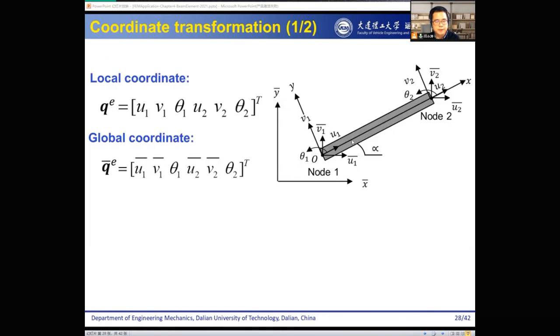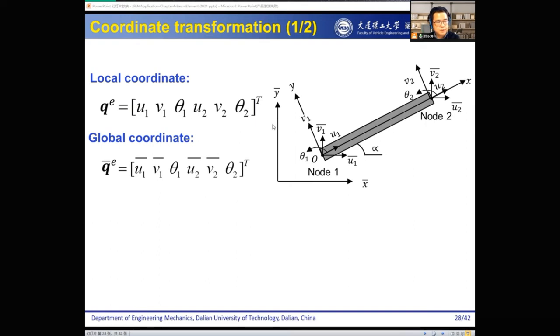So you have an inclined beam, and the angle between the axis of the beam and the x direction will be an angle alpha. In this case, we have to do the coordinate transformation in order to solve the corresponding variables, or in order to consider different beams, and that's why we have the coordinate transformation.